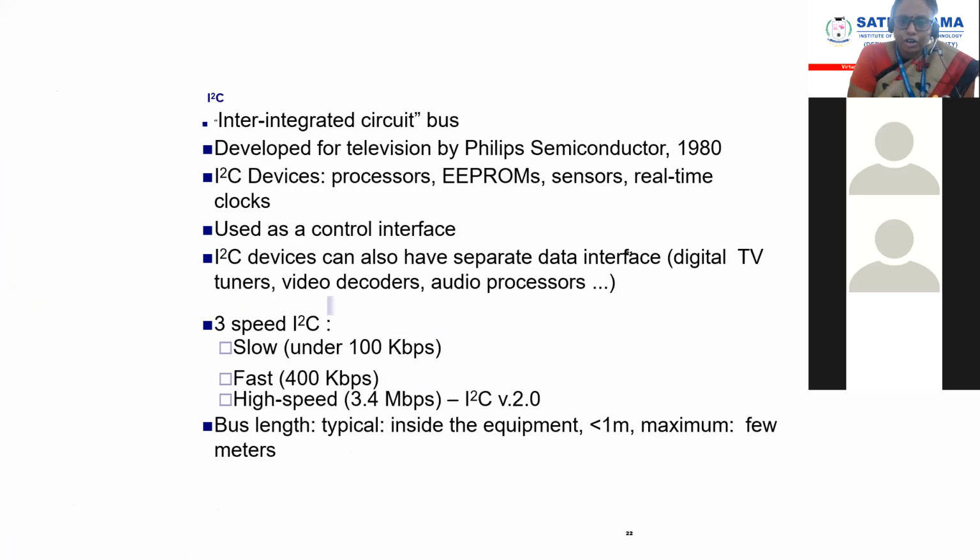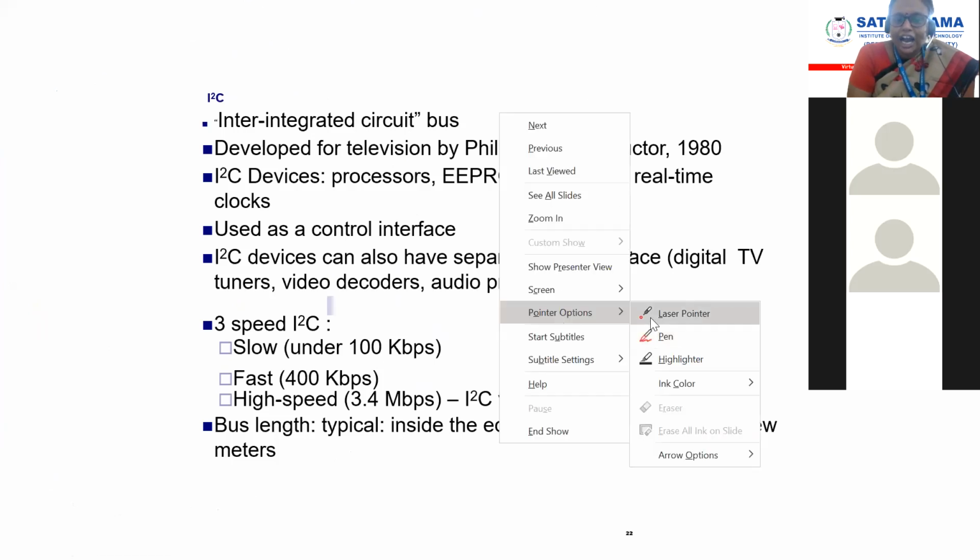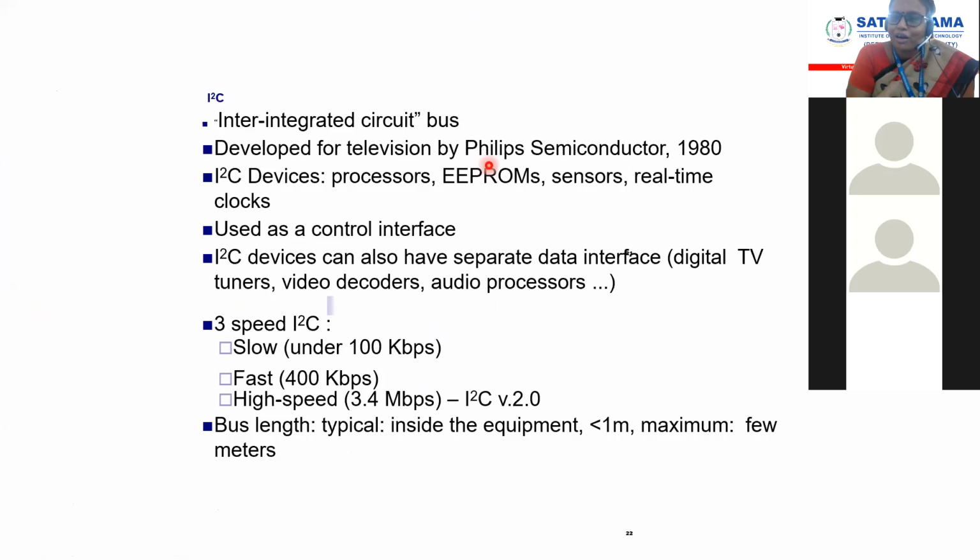Integrated circuit bus, I square C. This I square C was developed by Philips Semiconductor in 1980. Did you remember who developed the CAN controller? Robert Bosch.